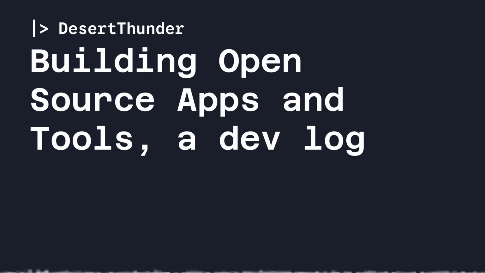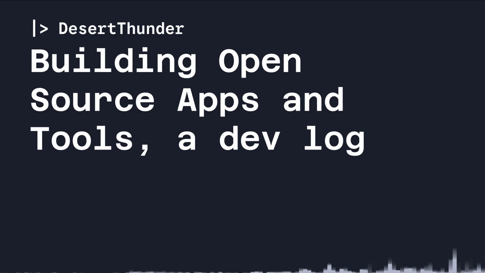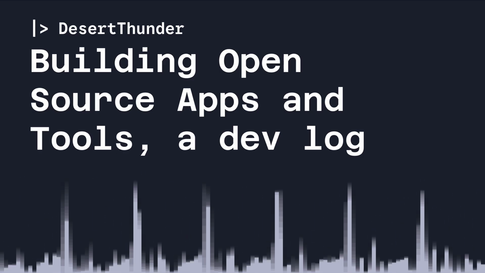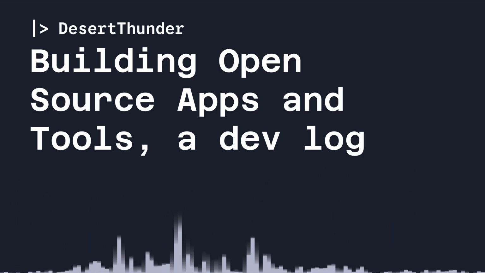The first of the two projects I'm working on these days is called Knowledge Lab. It's a desktop application built with two pretty awesome tools. The first one is Wails, which is this Golang desktop application library.